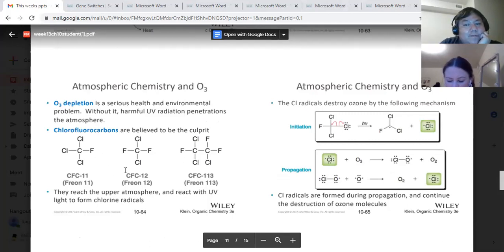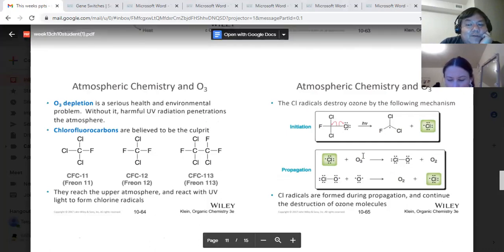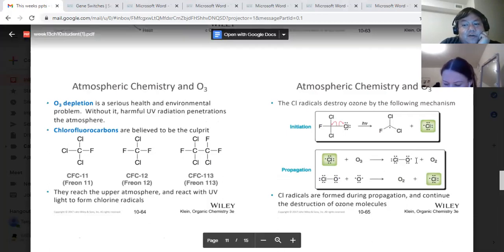If you look over here, you make these radicals, and then these radicals go up into the atmosphere and essentially eliminate our ozone. If you get rid of the ozone, you're losing a vital area of protection from UV light. So our use of these CFCs, the freons, was destroying our ozone layer.